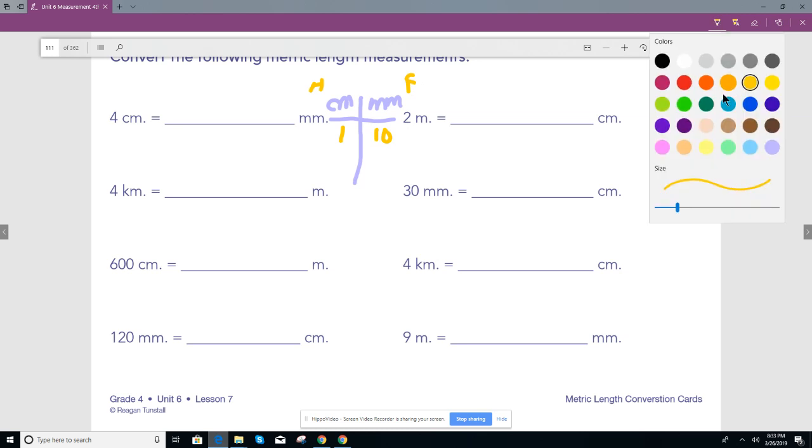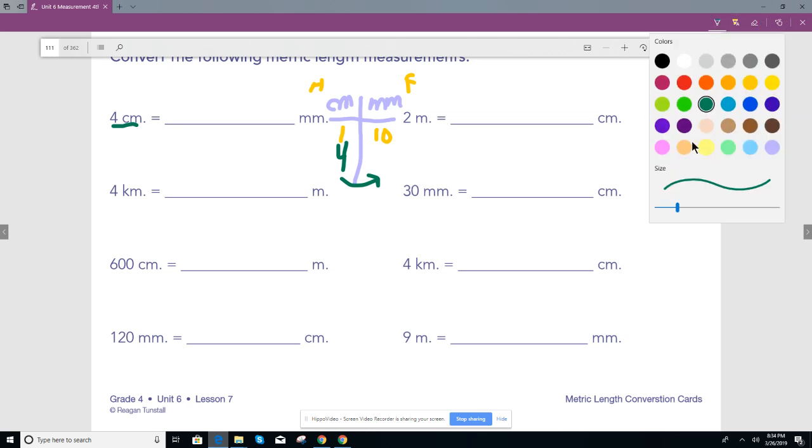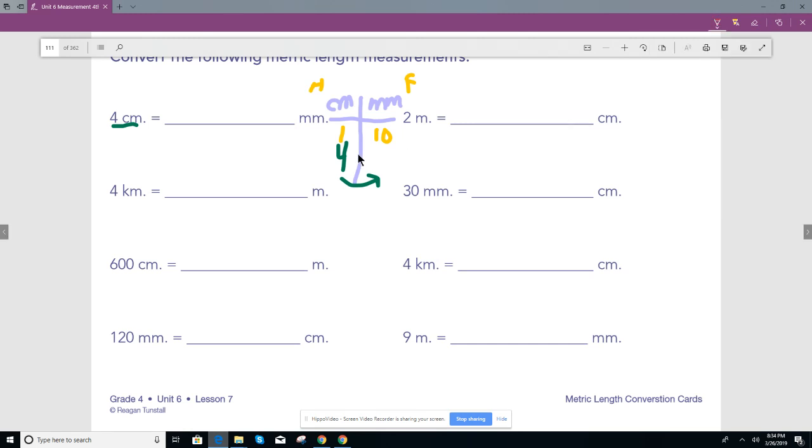Okay, now looking at the problem they gave us, I'm going to put the number 4 under the centimeter column. Am I going horse to fly or fly to horse? Yeah, I'm going horse to fly. So horse to fly, we multiply.